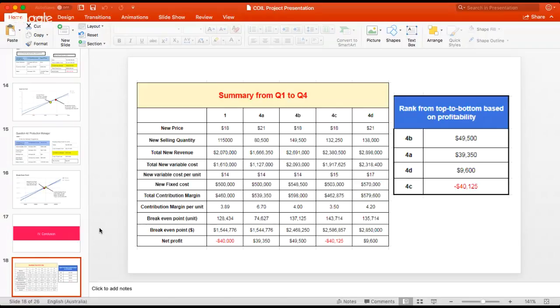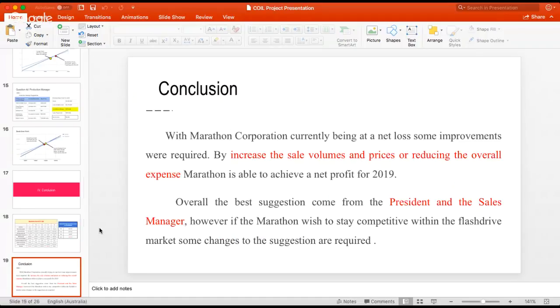Also, under the situation following the production manager's opinion, Marathon Corporation can make only 9,600 of net profit. However, if the firm wants 150,000 of net profit, it is necessary to find other recommendations to make more net income.